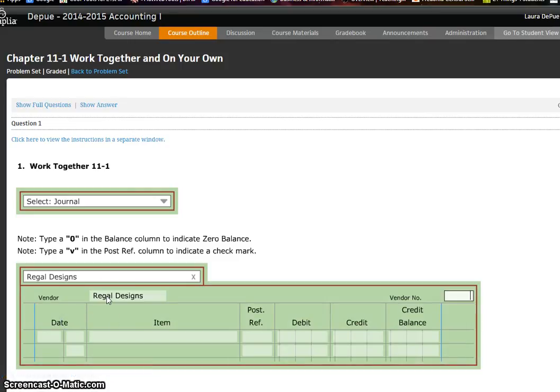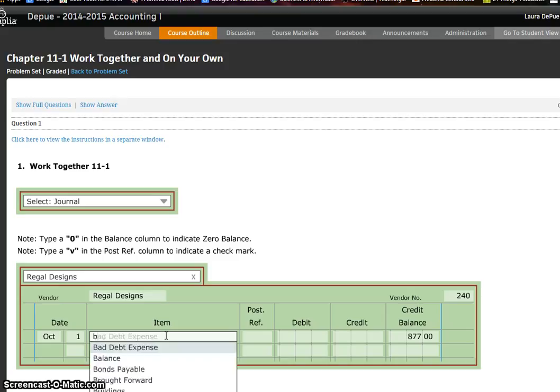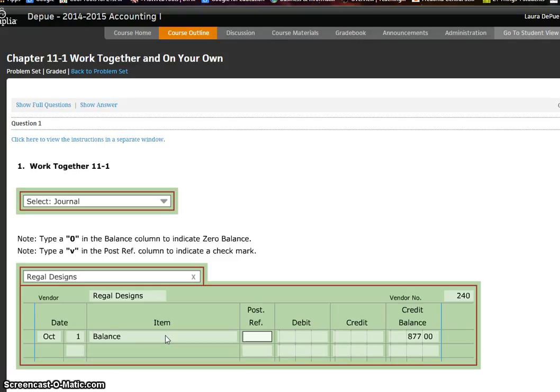So we're going to just plug in the title. The vendor number they said was 240. The balance on October 1st was a balance of $877. And in the item title name here, we're just going to write the word balance.